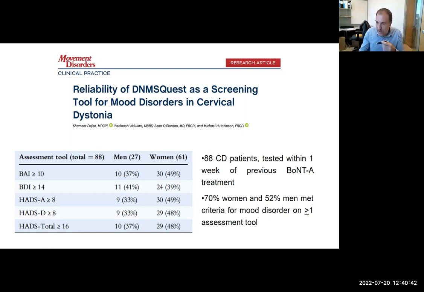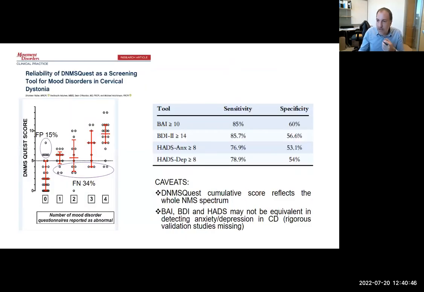This is a study conducted in Dublin on patients with cervical dystonia. And as you can see, they report that a score of 5 or above on this dystonia non-motor symptoms questionnaire is associated with at least good sensitivity for anxiety and depression.